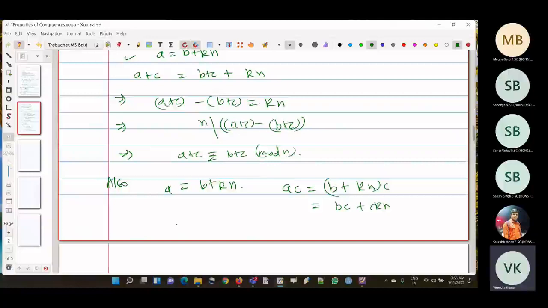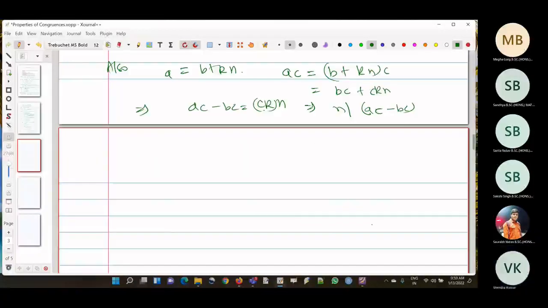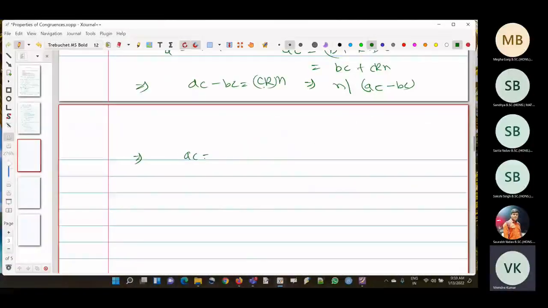And this implies that AC minus BC equals some multiple CK times n. So this implies that n divides AC minus BC. And therefore AC is congruent to BC modulo n. So this proves the E part.